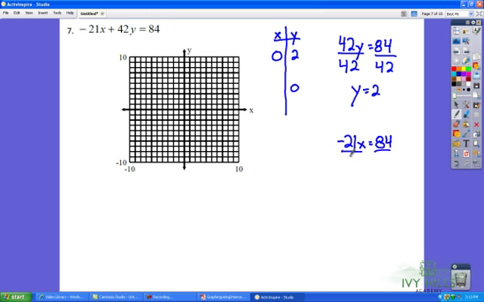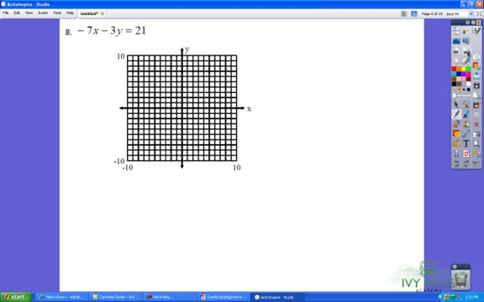If I divide both sides by negative 21, that would give me an x value of negative 4. So a y value of 2 and an x value of negative 4 is going to look something like this. And drawing your line through the 2 points, and that's graphing negative 21x plus 42y equals 84 using the intercepts.